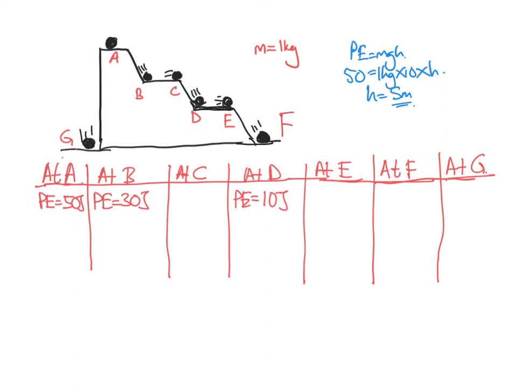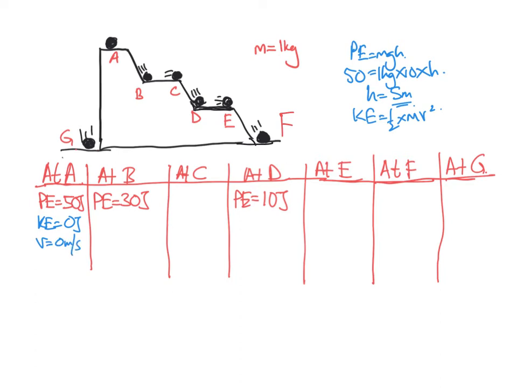From there I can find KE. KE is half m v squared, but since it is not moving at A, there's no v. So v is 0, the kinetic energy is 0 joules, and the velocity is 0 meters per second.